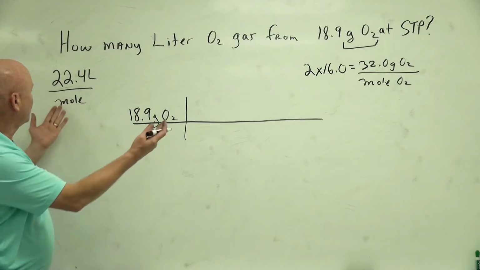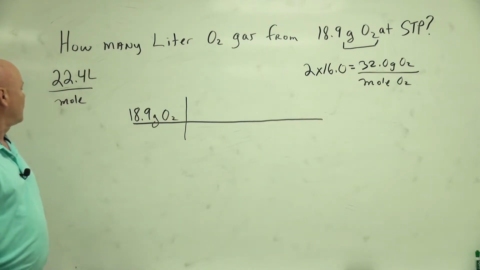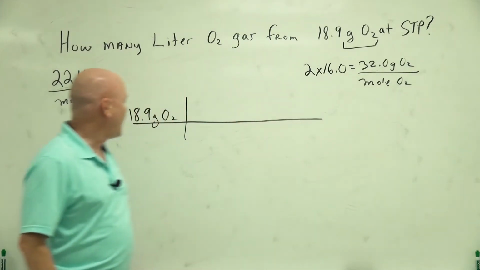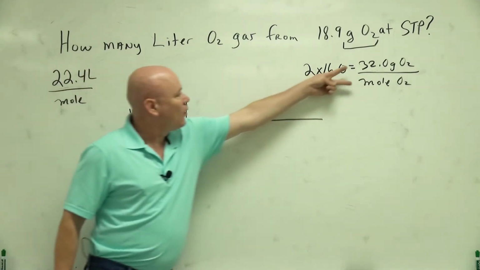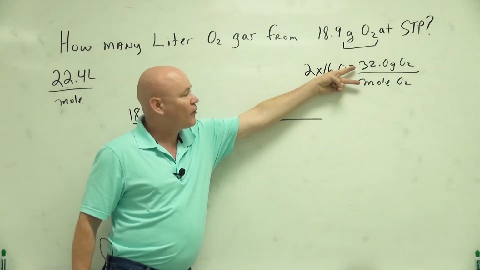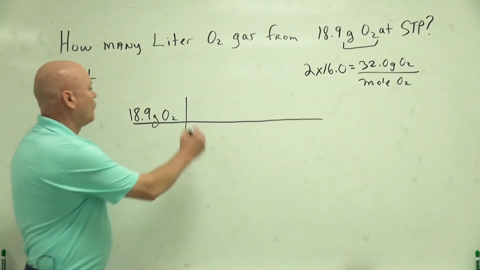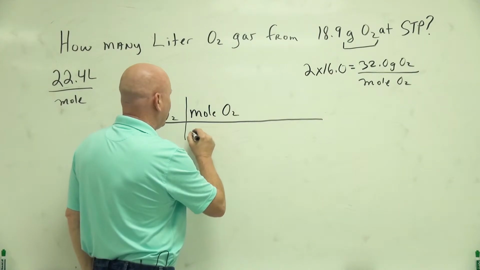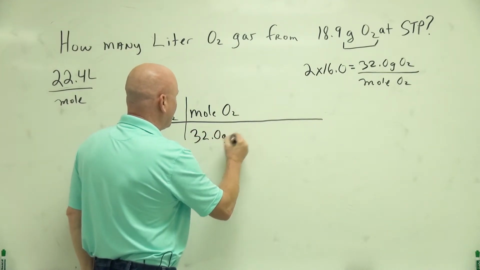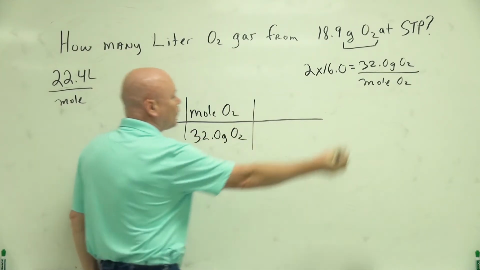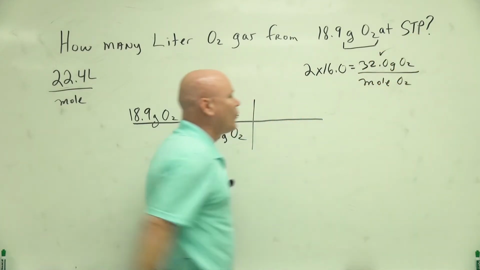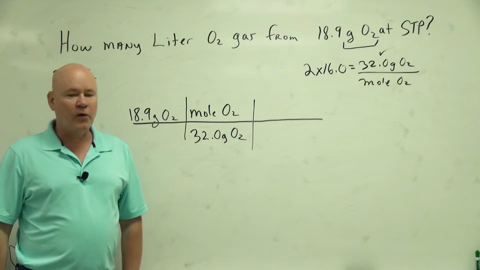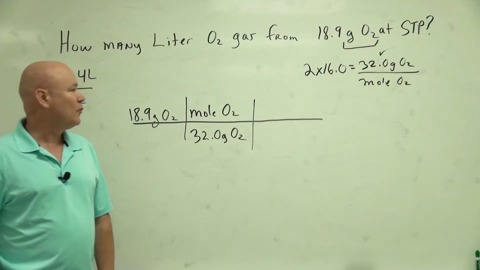And so I look up here, of my two conversion factors, the one that has grams oxygen in it is this one right here. Now, to get grams oxygen to cancel, I'm going to have to take my molar mass and flip it over. And so a mole of oxygen gas is 32.0 grams of oxygen. I'm going to put a check mark over the top of that so I don't end up reusing my conversion factor. This is a small but important step to check them off as you use them.